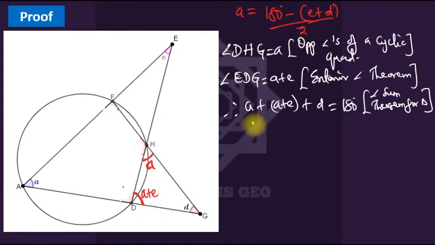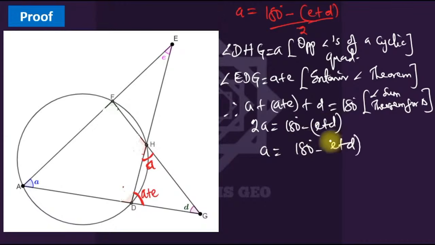So I have 2A equals 180 minus E plus D. Yes, the E plus D goes over to that side to be minus E minus D. Therefore, A is now 180 minus E plus D, over 2. So that's the formula I use in solving the equation first.